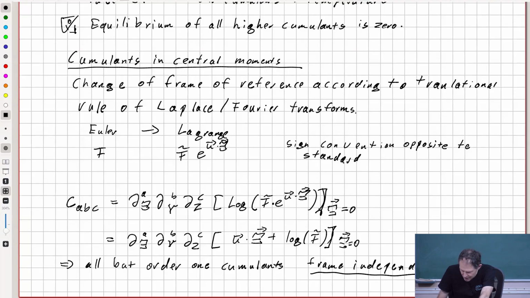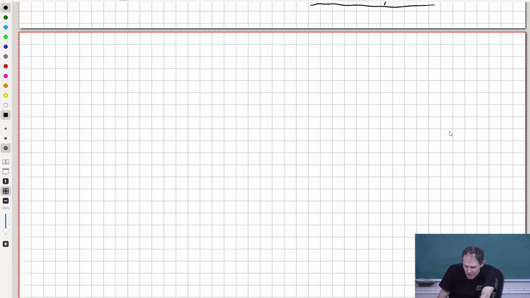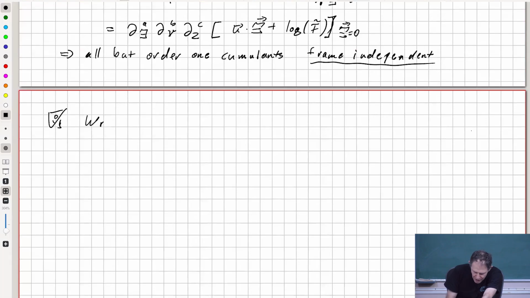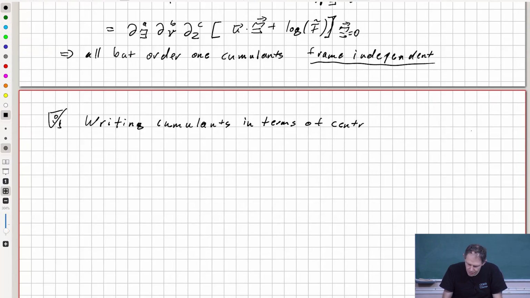Okay, next page. In practice, we prefer to write the cumulants in terms of central moments, because this is more efficient than in terms of raw moments.